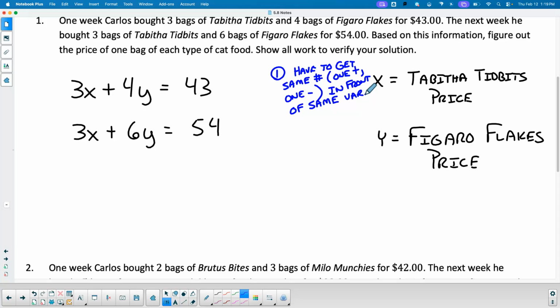Okay? So I need the same number, only one positive and one negative in front of the same variable.